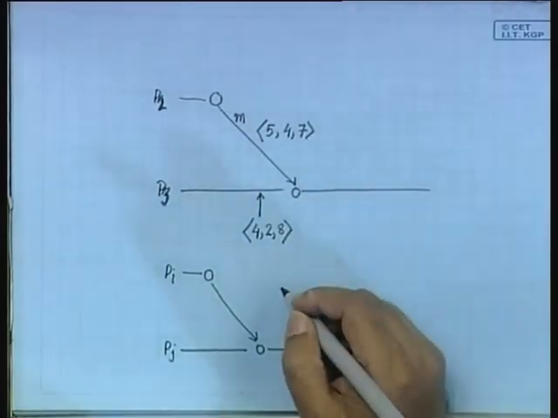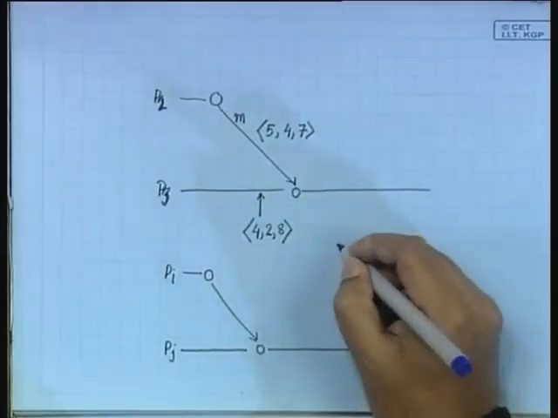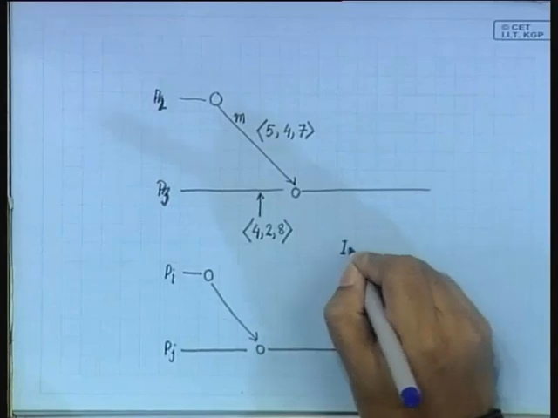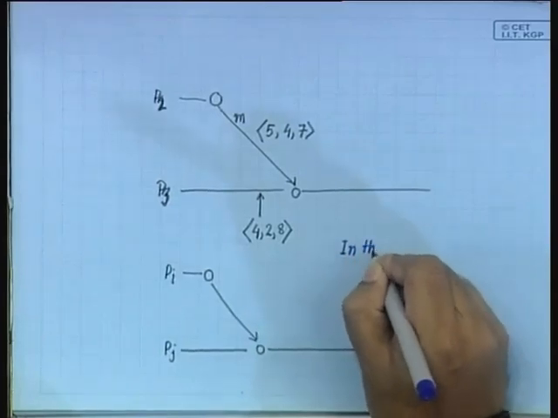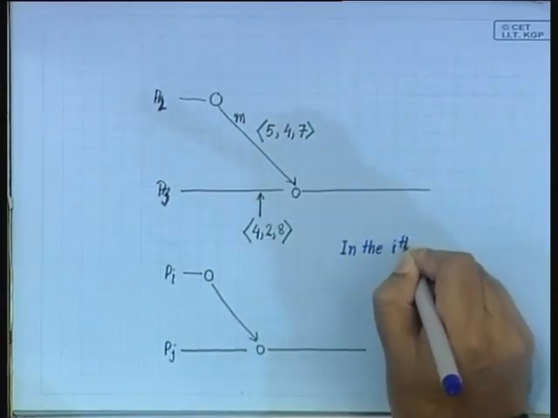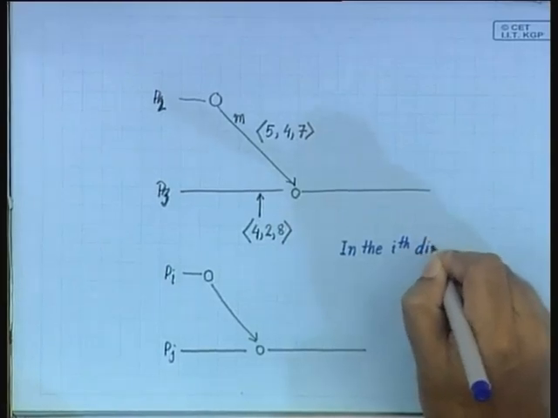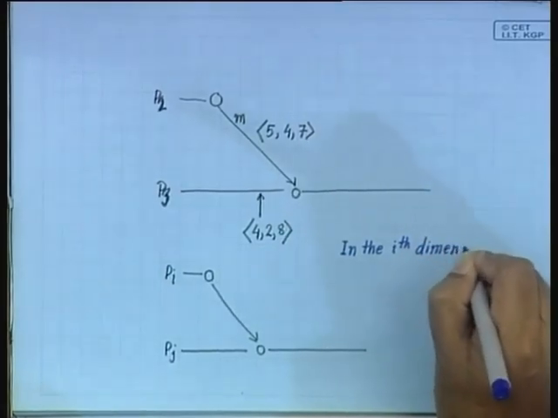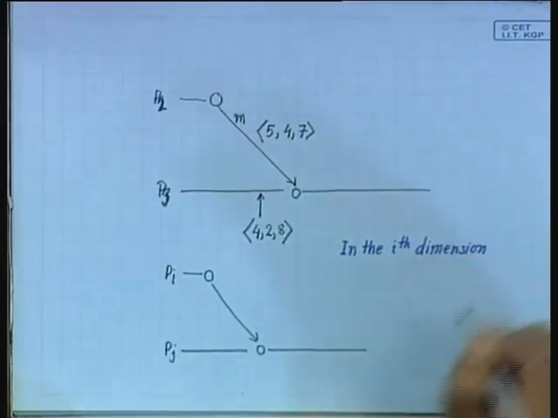One is that in the ith dimension, what is i? The sender. In the ith dimension, what should we check?